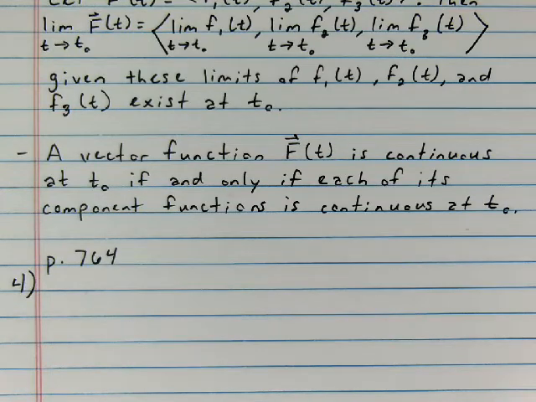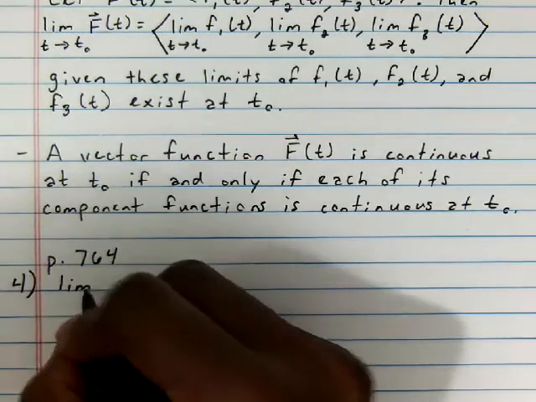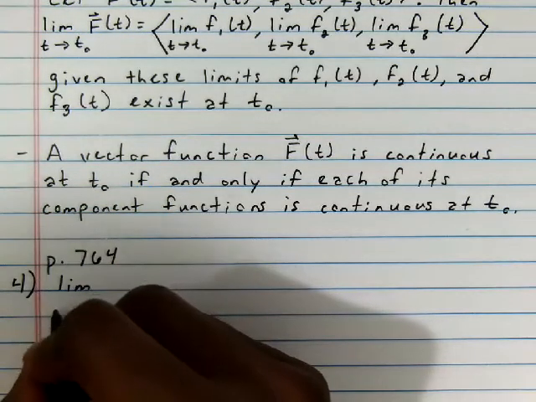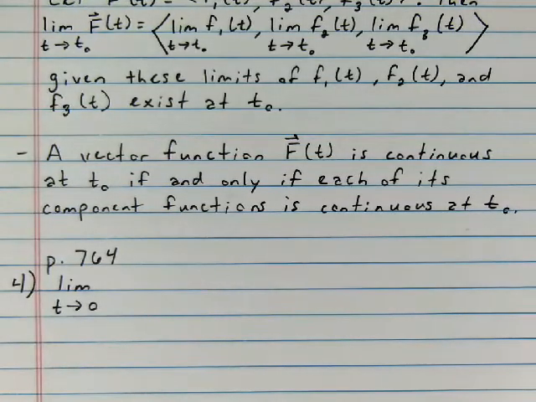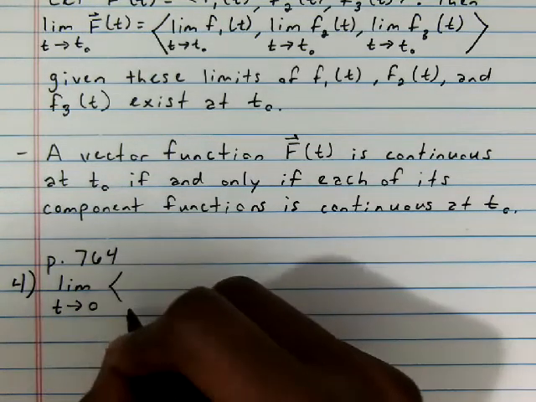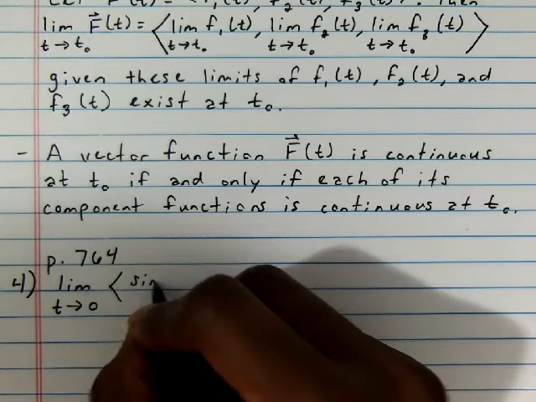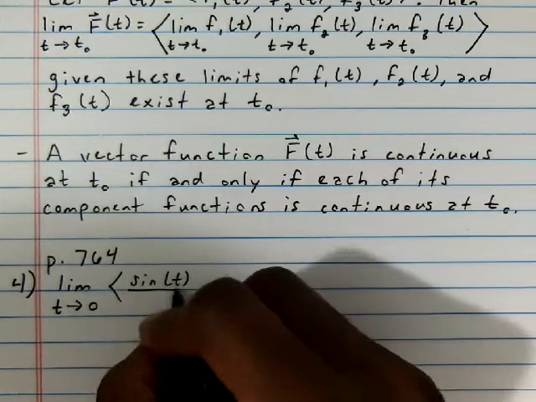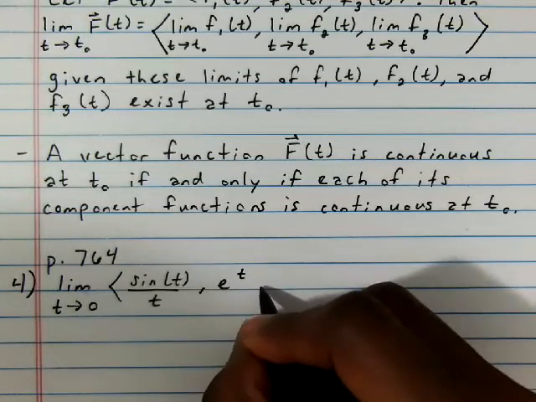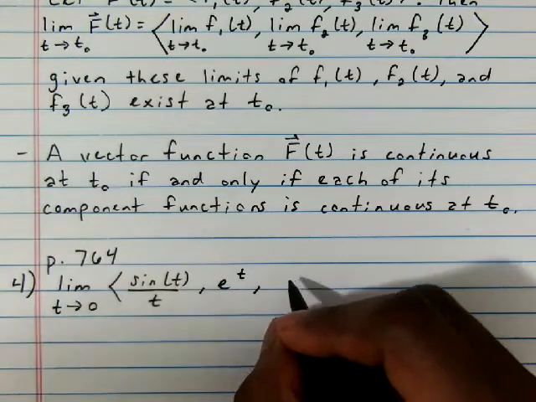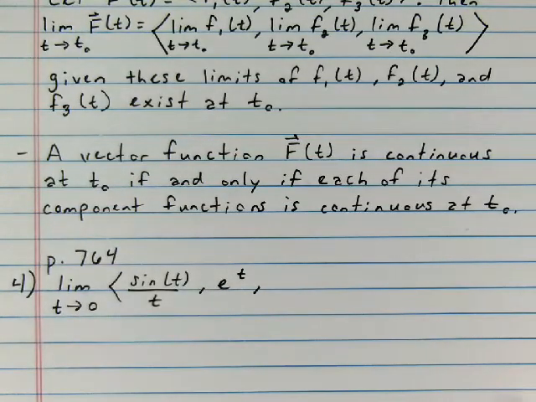So for us, they give us the limit as t goes to 0 of the vector sine of t over t, comma, e to the t, comma, t plus the square root of 2.